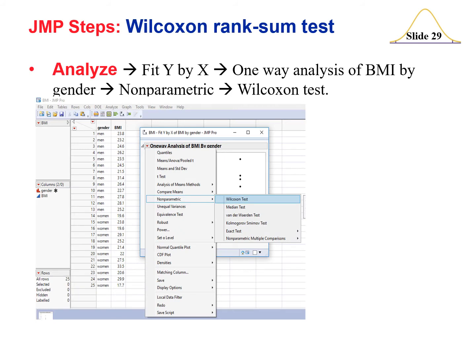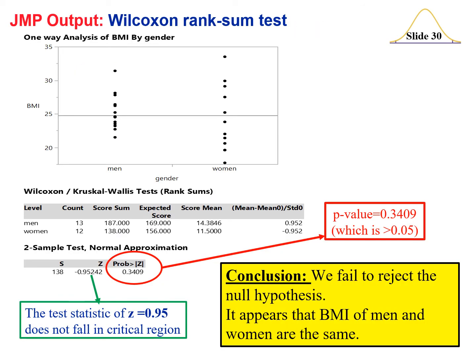Here are the steps of using JMP software to run the Wilcoxon rank sum test. And here is the outcome of the results. Again, ignore all the outcome and see only this probability, the last value here, which is the p-value of the test.